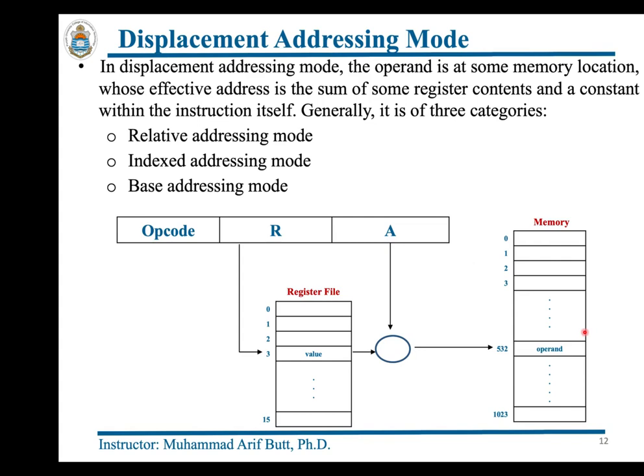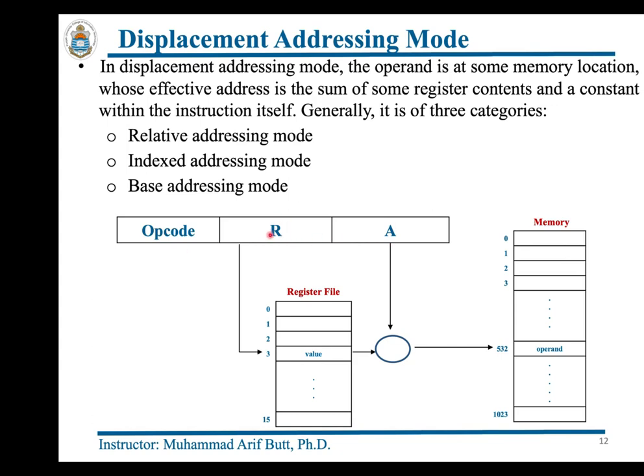After memory indirect, we have another category of addressing mode called the displacement addressing mode. In displacement addressing mode, the operand is of course at some memory location whose effective address is the sum of some register content and a constant value in the instruction itself. So this is the instruction.